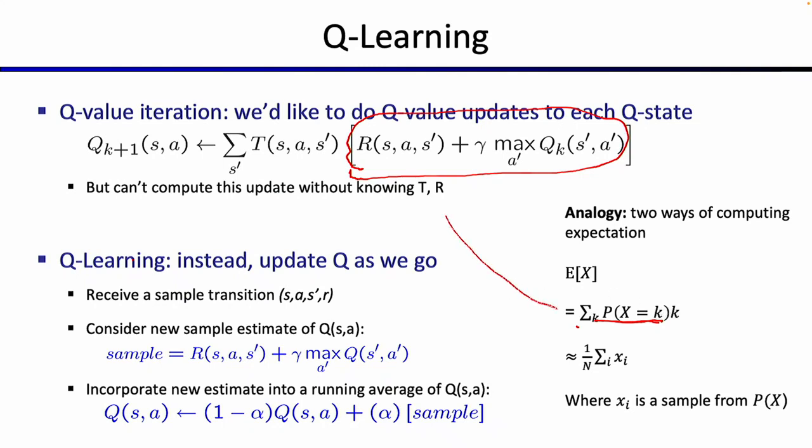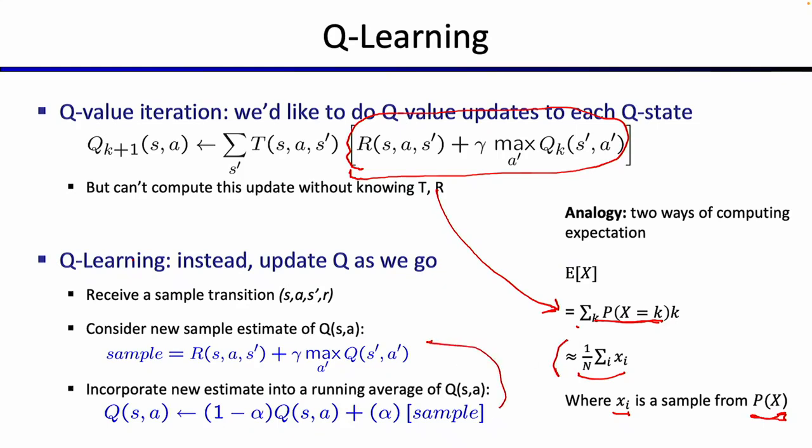And this is analogous to what we were doing in Q-value iteration when we knew these probability functions. But another way of computing the expectation of a random variable is if we could draw samples from its distribution, we could just take the average of the samples, and that would approximate the expectation as well.